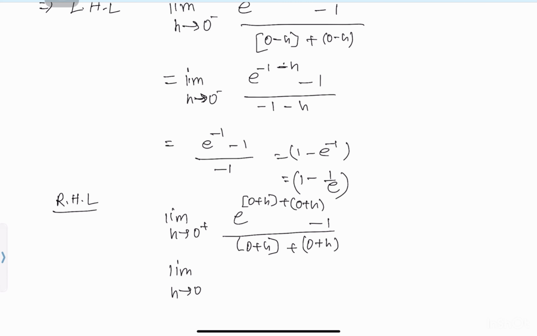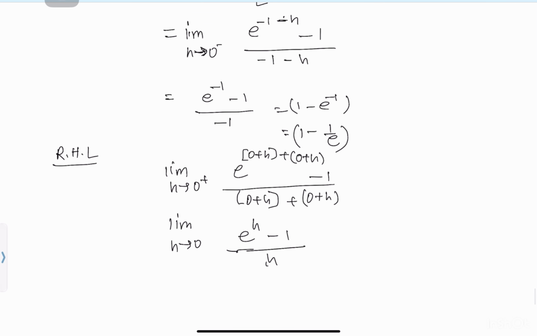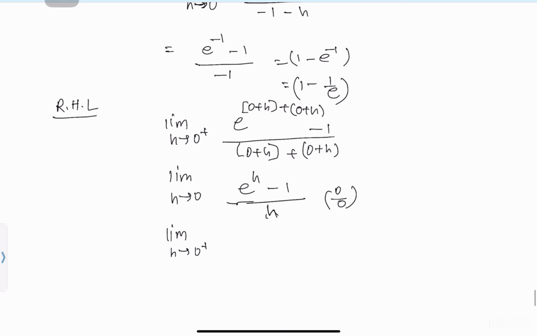So e to the power 0 plus h minus 1 divided by h. This denominator is h. If I put 0 value, then that becomes 0 by 0 form. So limit h tending to 0 positive, 0 by 0 form means you have to apply L'Hospital rule. So e to the power h derivative is e to the power h, and 1 derivative, so 1 by 1, that means 1.